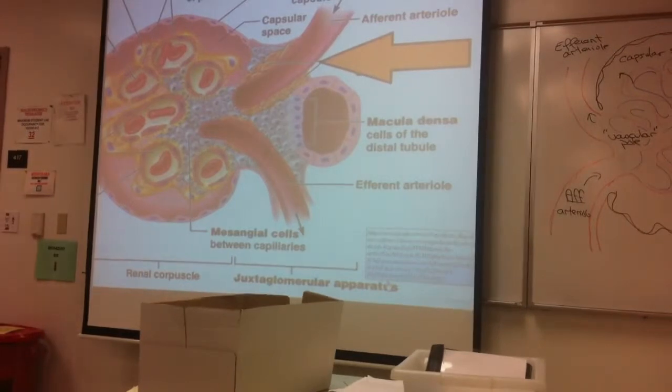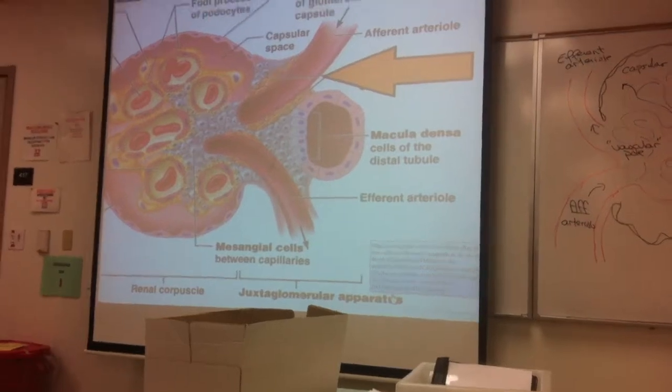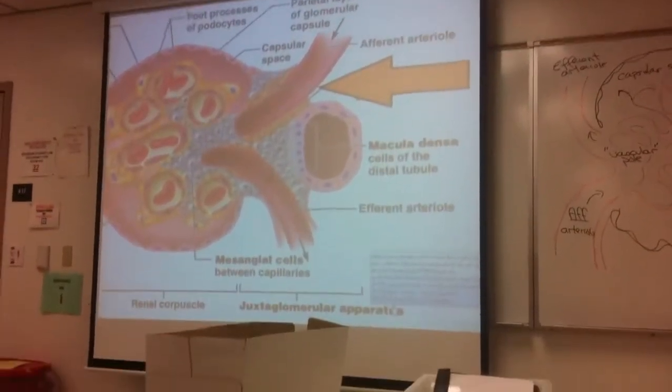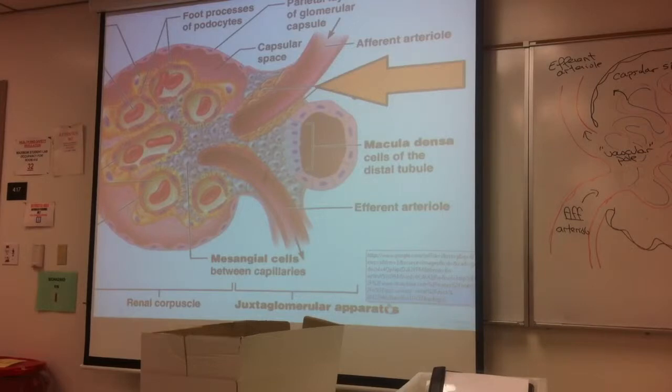So all of this filtration pressure is under tight control at the filtration site, at the glomerulus. This net hydrostatic pressure is just the capsular and the capillary.